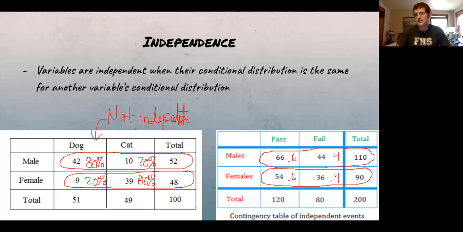That's not independent, and this one is independent. I cannot write today, so there you go. What we mean is that whether someone likes a dog or a cat seems to be associated with their gender, it's not independent of it. Whether someone passes or fails this class seems to be independent of whether they're male or female.